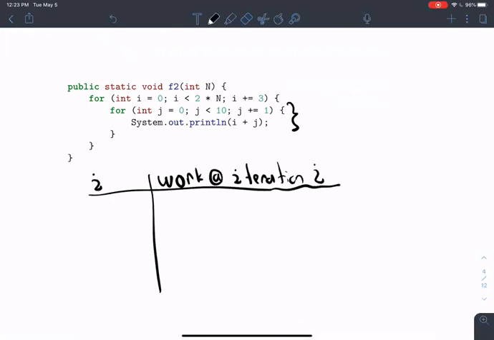You could try doing something like this for this problem, or you can notice something pretty simple about this inner for loop and quickly get the runtime of just that inner for loop. Does anyone see what I'm hinting at here?